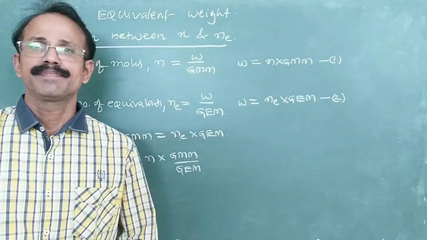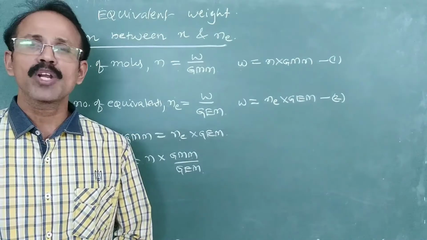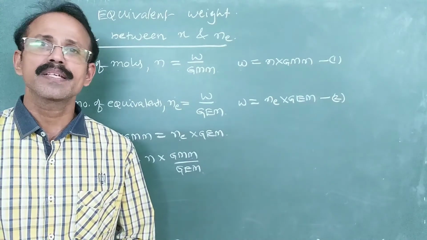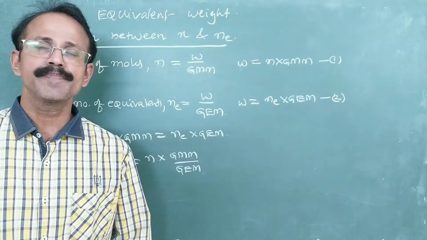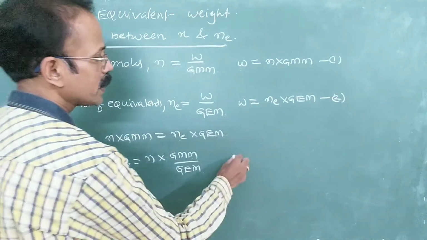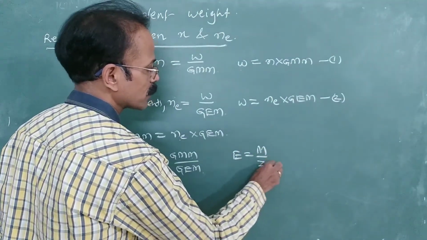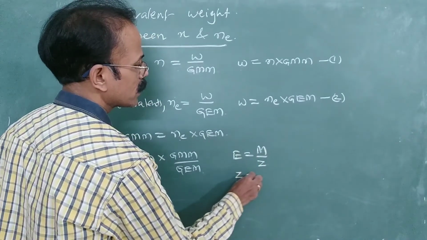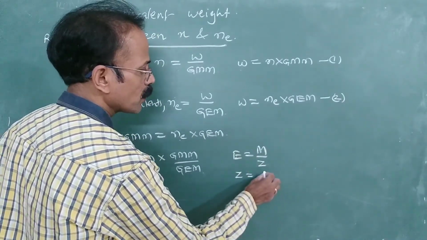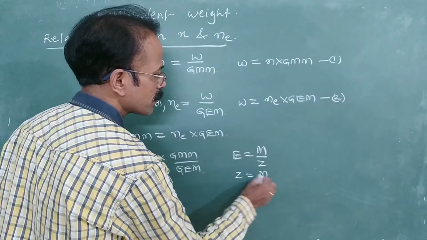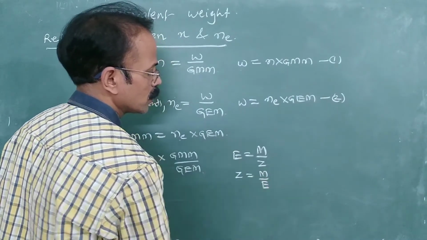Now this ratio of gram molar mass to gram equivalent mass is equal to valence factor, right? Earlier we calculated equivalent mass by dividing molecular mass with the valence factor. So valence factor is equal to what? Molecular mass divided by equivalent mass.